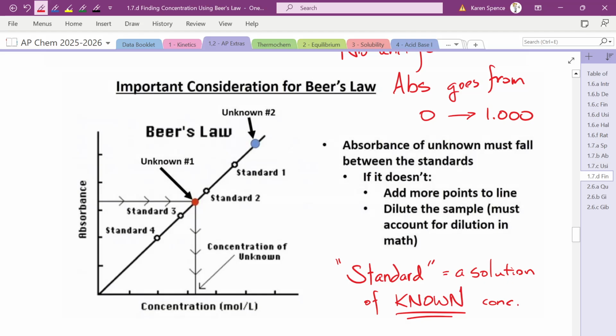That's going to come in handy here. It's also going to come in handy in titrations because you need to have a standard to titrate your unknown against. So you had 5 standards in this spectrophotometry experiment.